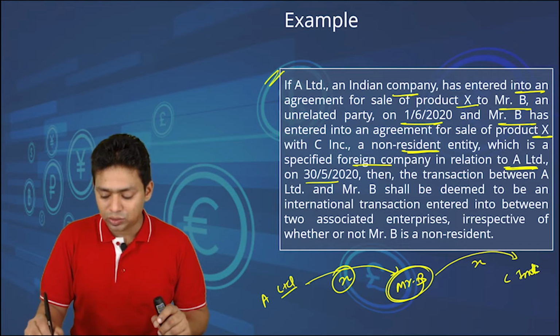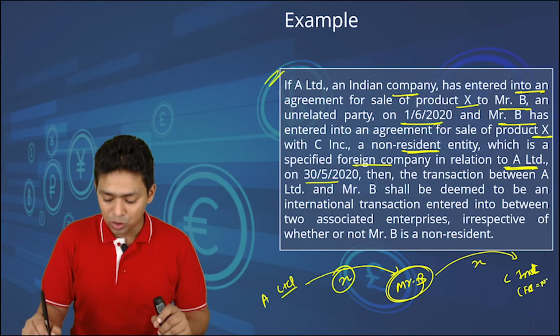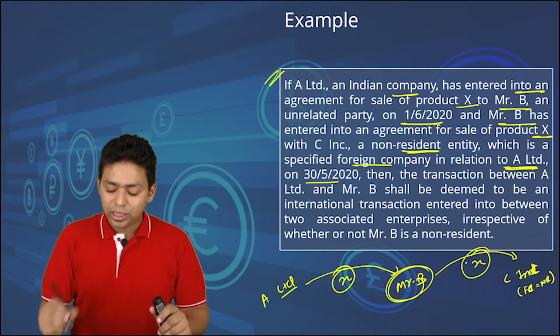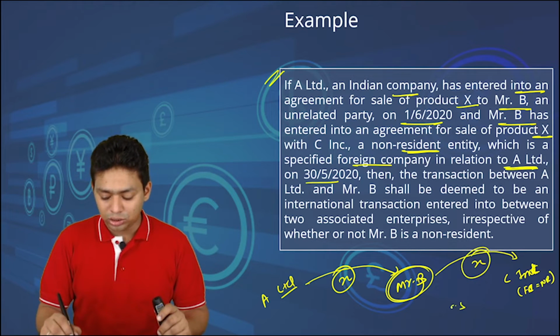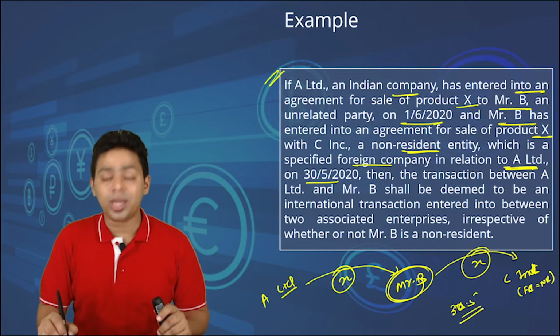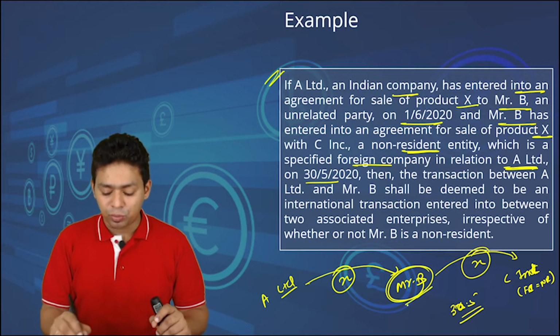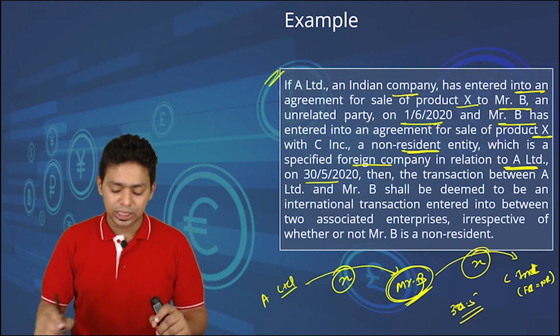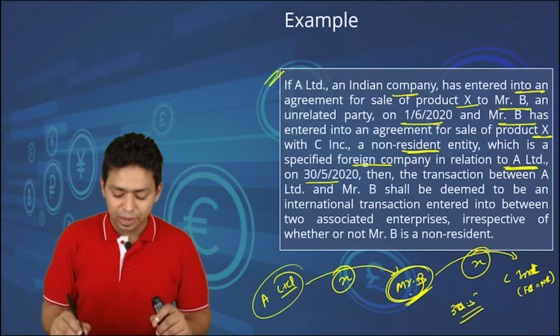Obviously CINC is a foreign company, which means this is a non-resident entity, and this agreement was done on 30th May. So you can understand, the first agreement was between Mr. B and CINC. The second agreement was between A Limited and Mr. B.